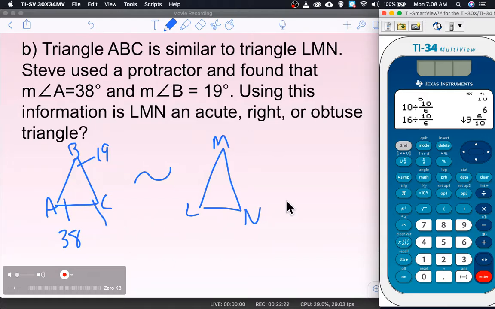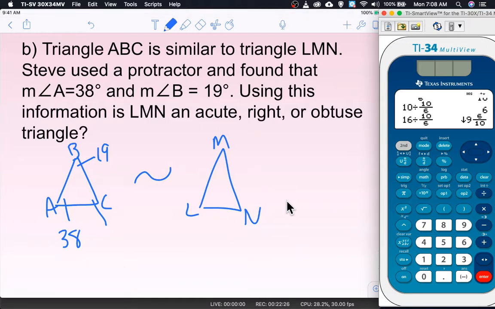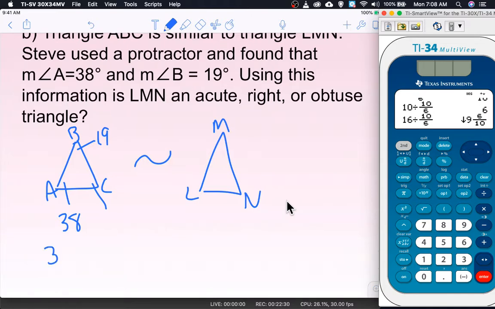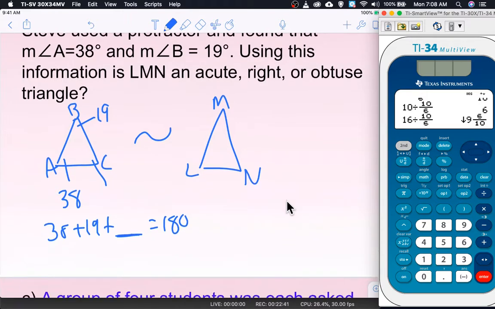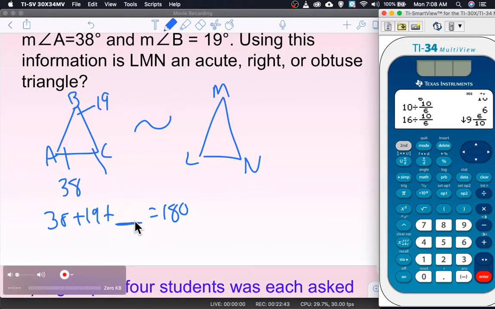So background knowledge. All the angles of a triangle add up to 180 degrees. So 38 plus 19 plus something equals 180. You could figure out that something either mentally or by mathing. I like to do this.